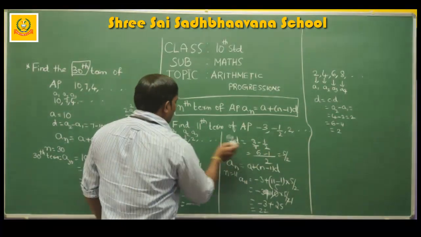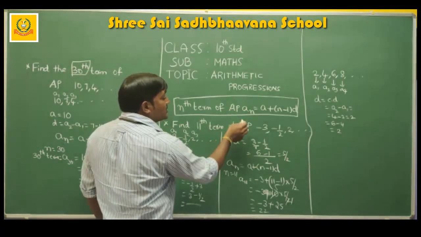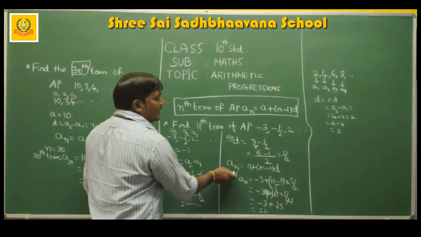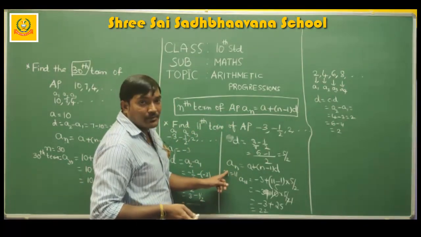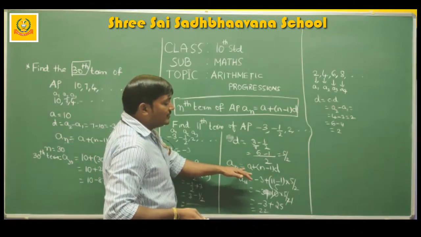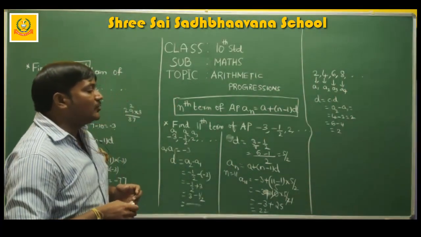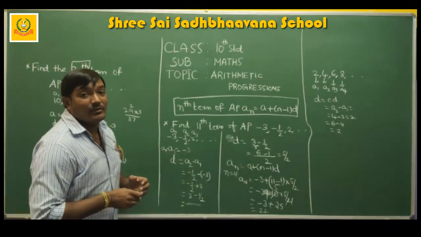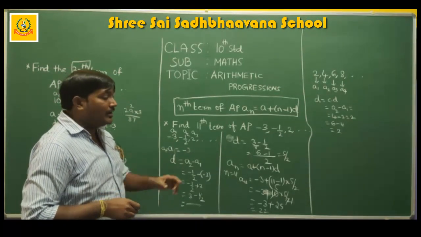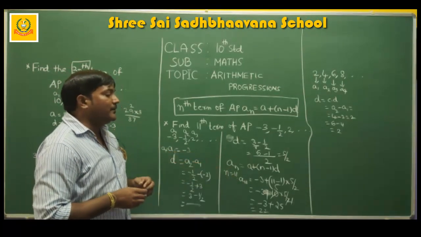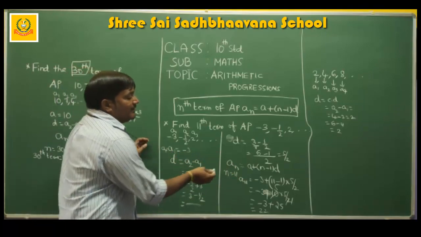So we got D value and we have A value, and which term we have to find? 11th term. So take n as 11. Okay. So AN is equal to, what is the general term formula we have? AN is equal to A plus n minus 1 into D. Alright. So just substitute A value there. Minus 3 and n is 11.